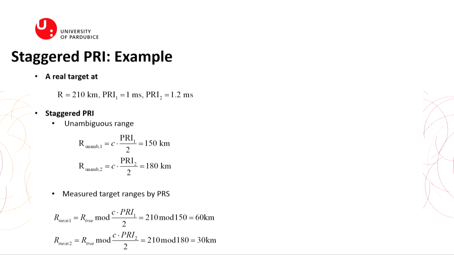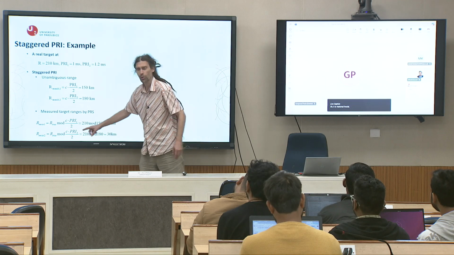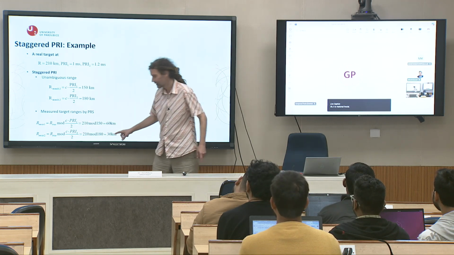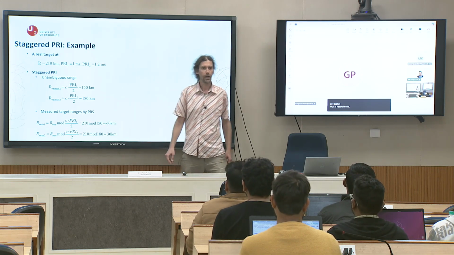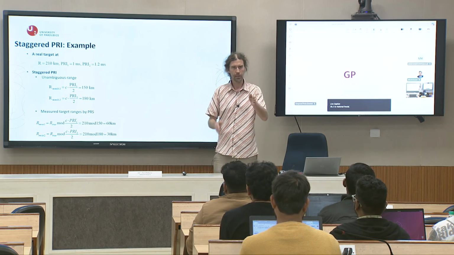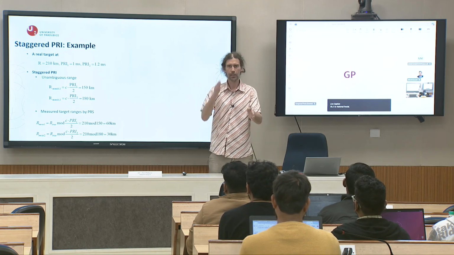What is the measured target range by the primary radar system? First, 60 kilometers, which is wrong. Second, it is again modulo, but by the second pulse, so it will be another value: 30 kilometers. So I now have two results, 60, 30, 60, 30, 60, 30.